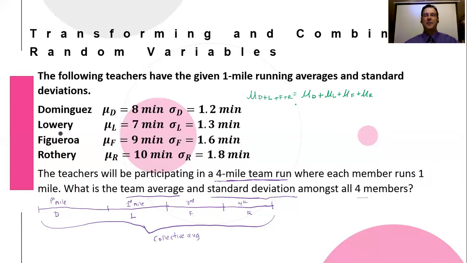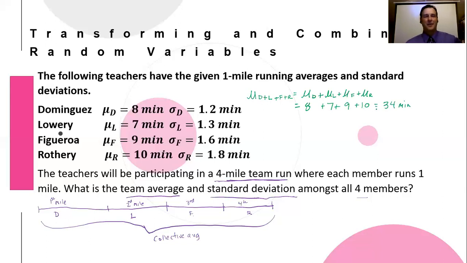I'm going to input just those numbers in: 8, 7, 9, and 10. If you add these all up, it looks like you get 15 plus another 9 plus another 10. Looks like 34 minutes.